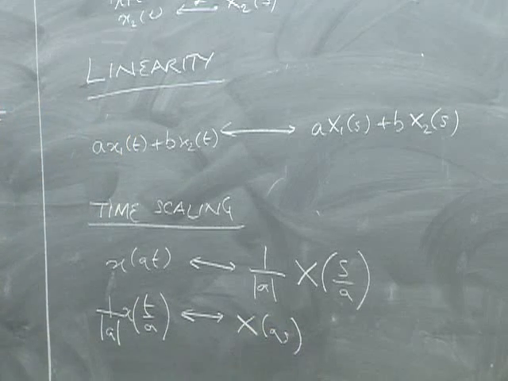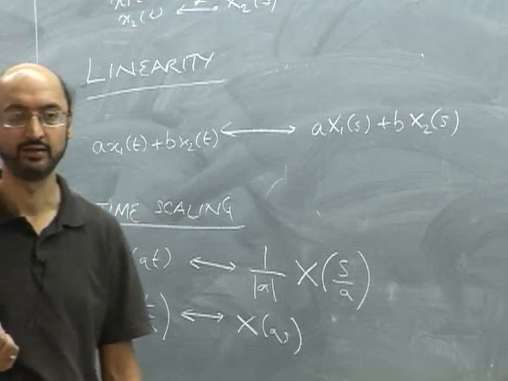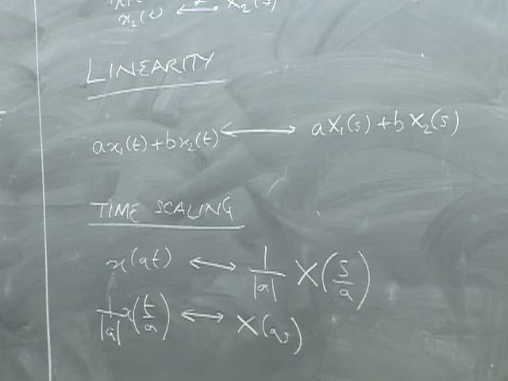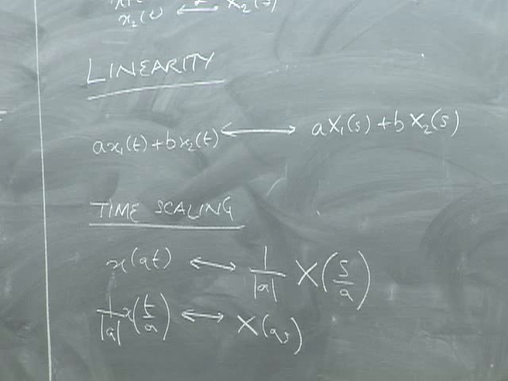Now one question that came up on Piazza about the Fourier transform and time scaling was, can we scale by a complex number, by j? And what happens when you scale by j? I spent quite a bit of time going over this, because my reference, and I'll show you this book, is Kraniuskas, The Transforms in Signals and Systems. It's a really great book. There's only one copy in the library as far as I know, and I bought my own because I really liked it, because it has these really beautiful three-dimensional pictures.